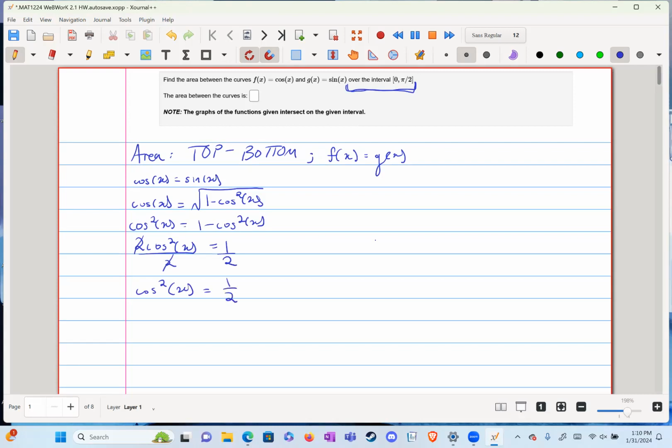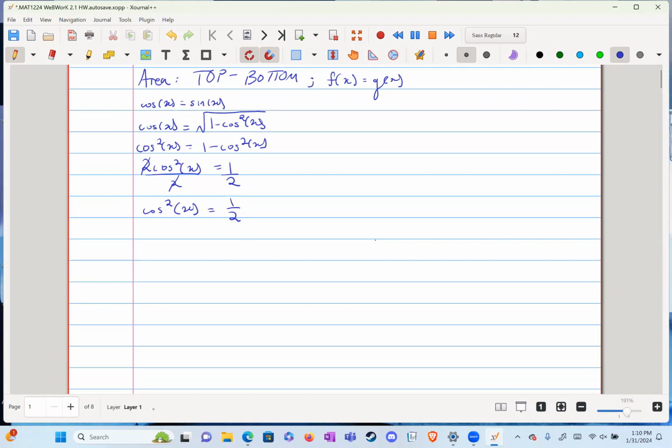And then taking the square root gives us this. Therefore, cosine of x and sine of x intersect at x equals pi over 4.